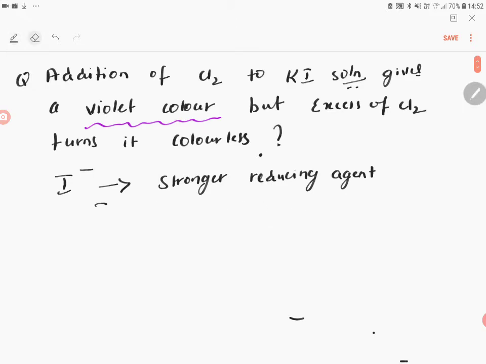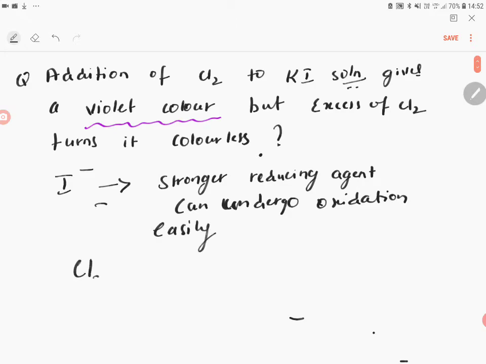Therefore, a strong reducing agent can undergo oxidation easily.